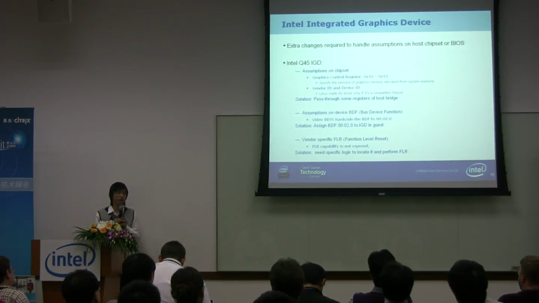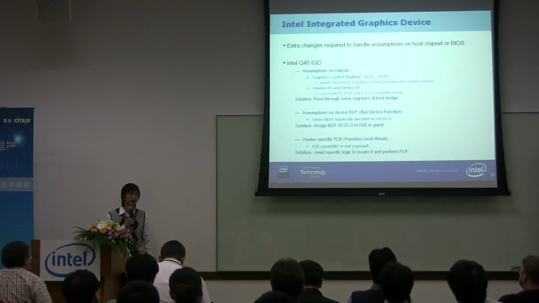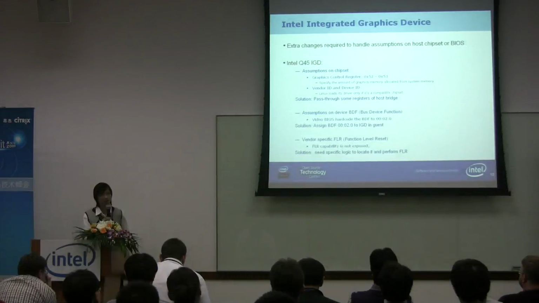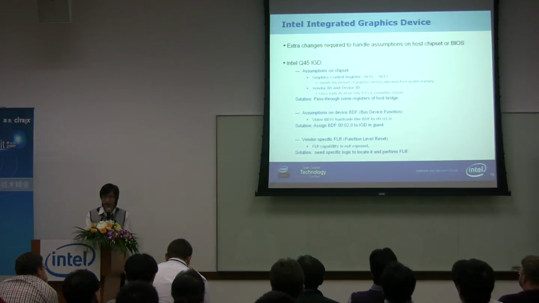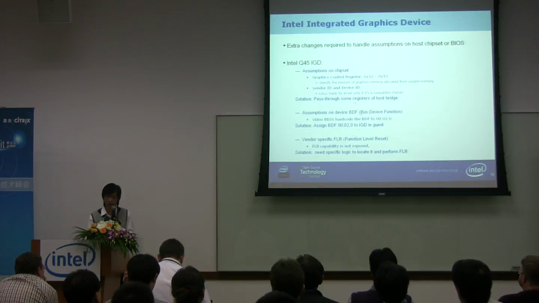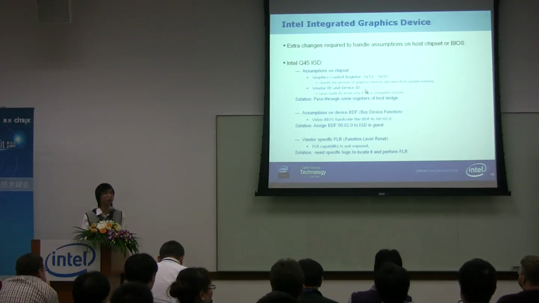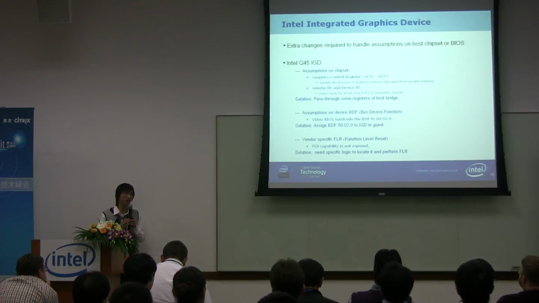You know that the emulated host bridge in the guest is unaware of this assumption, and at the offset of this register in the emulated host bridge, the value is different. So we need to return the real value of the physical host bridge of this register to the guest. Then the driver can work in the guest.